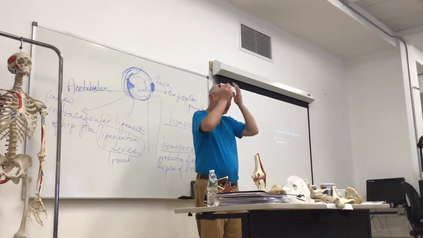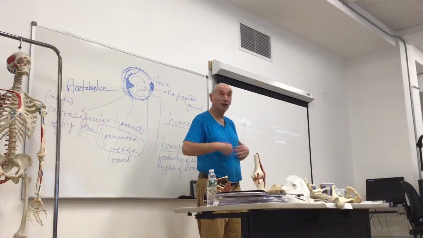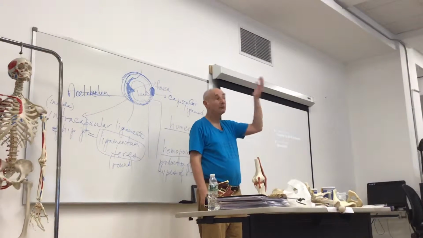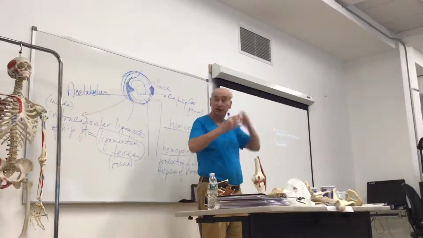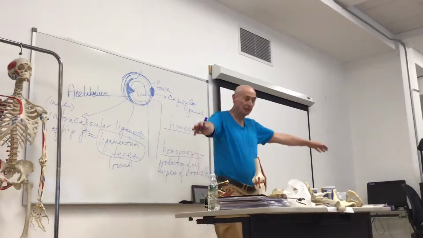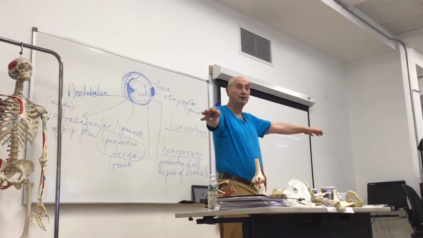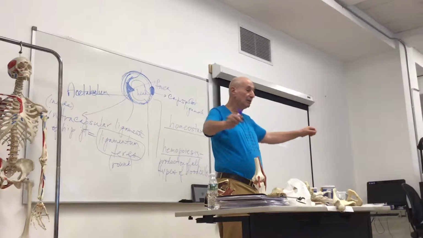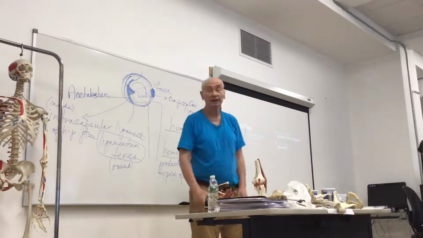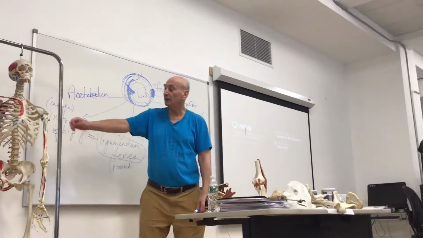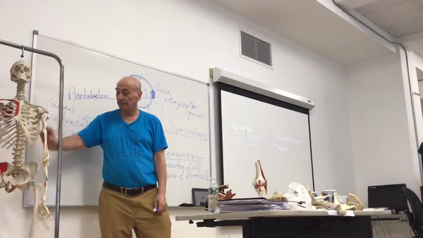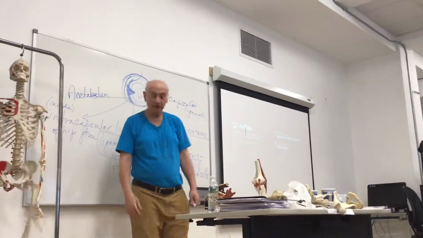Appendicular is all the bones of the 2 upper extremities and 2 lower extremities, including connecting bones. Clavicle, scapula, and os coxa are appendicular.